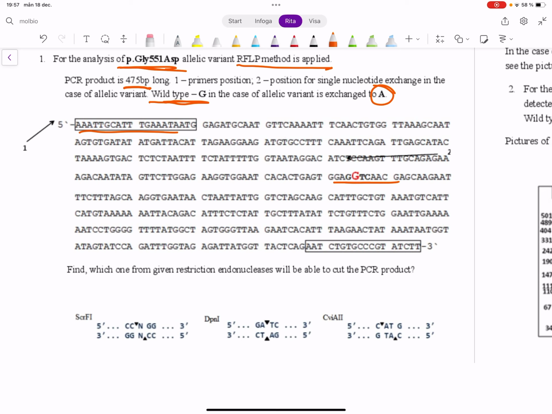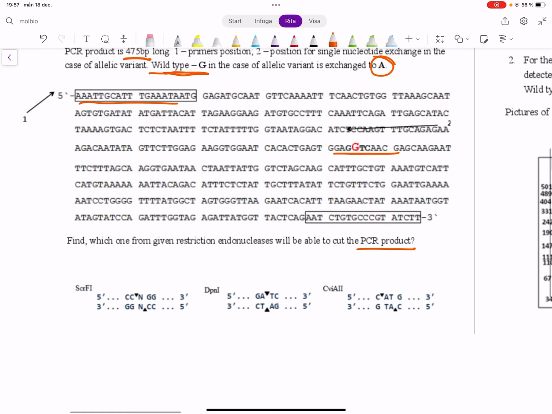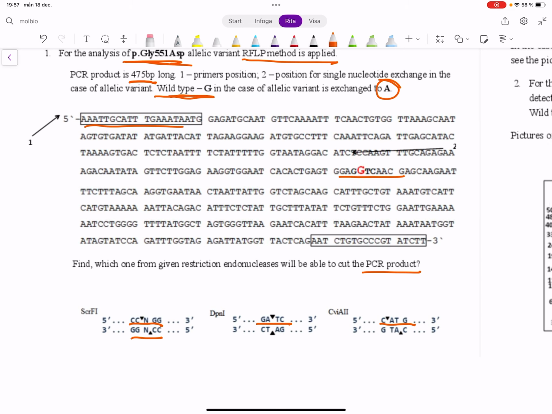Find which one of the given restriction endonucleases will be able to cut the PCR product. Here we have CC and GG, GG and CC, GATC, CATG. Which one of these will be able to cut the PCR product?